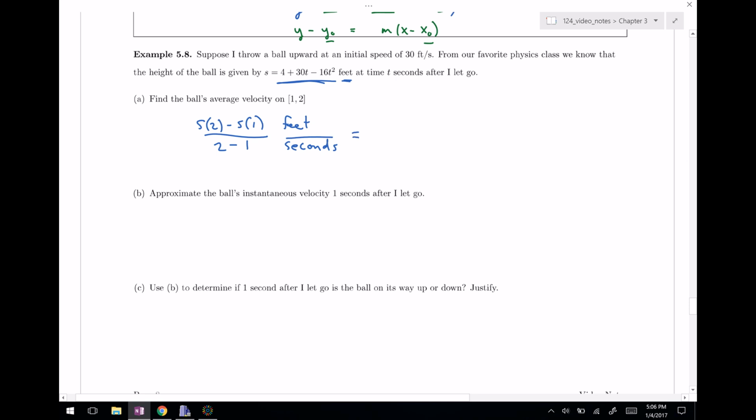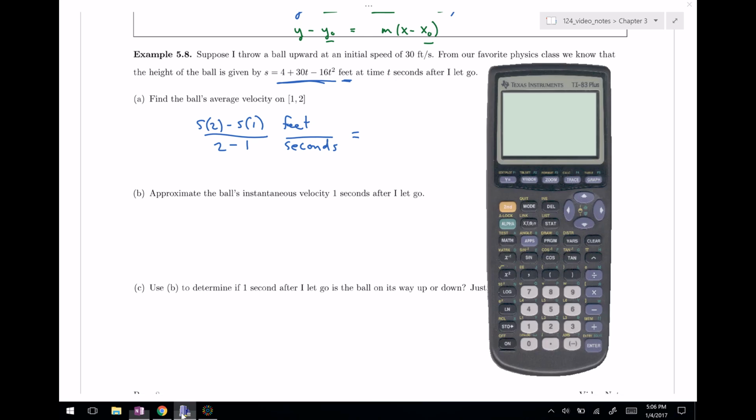All right, so if I plug in 2 everywhere I see a t, right? S of 2. Let's go ahead and do that. 4 plus 30 times 2 minus 16 times 2 squared. That'll be 4.